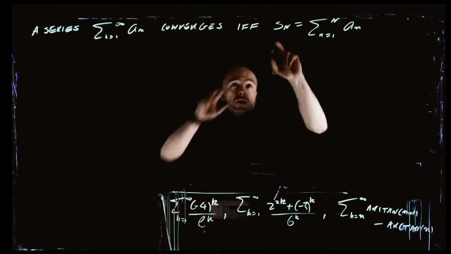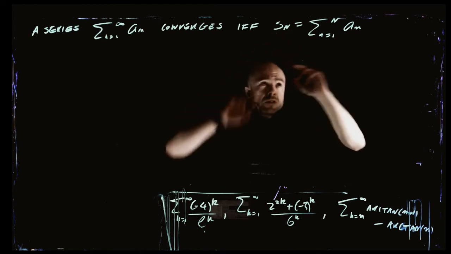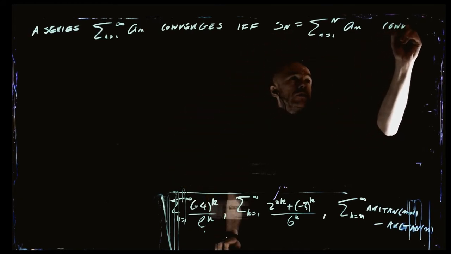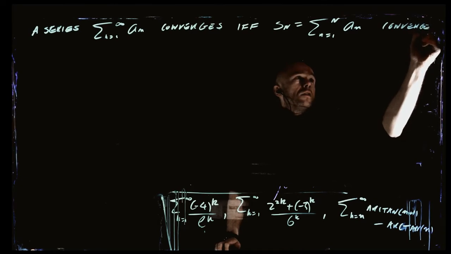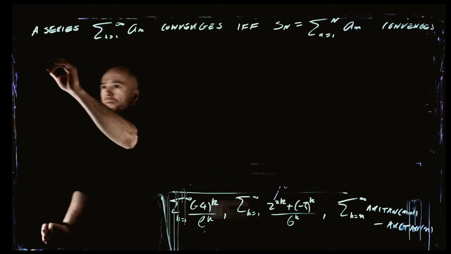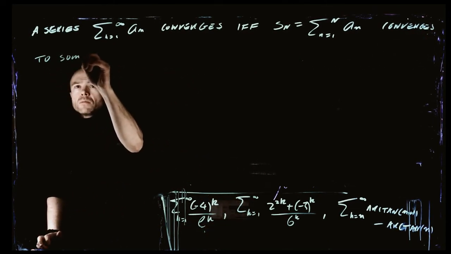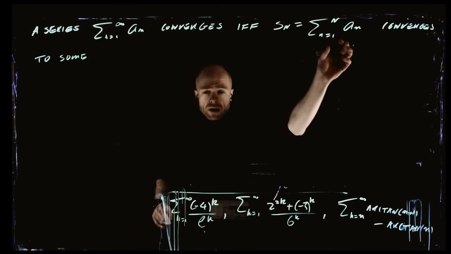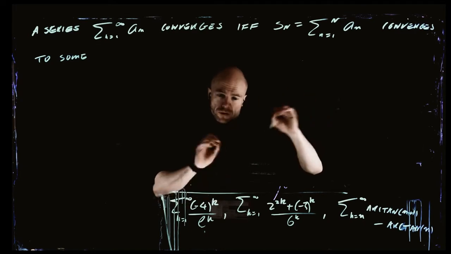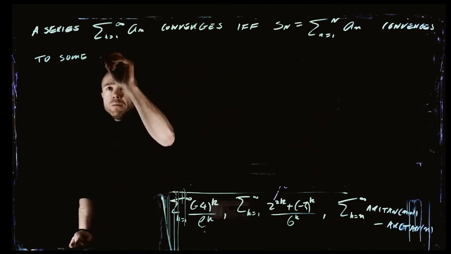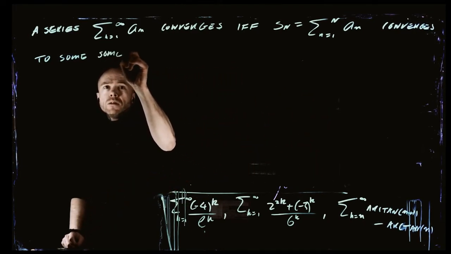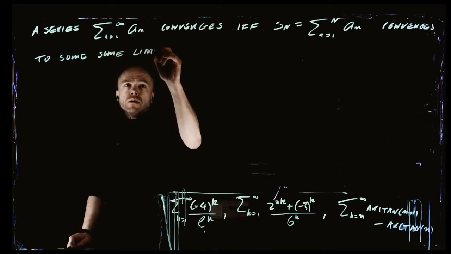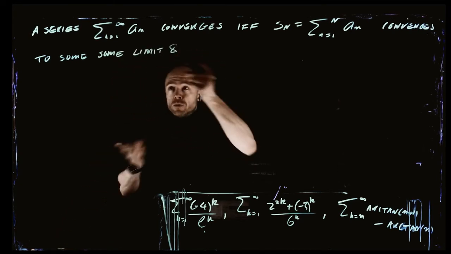Yeah? So if and only if this thing, the partial sum, which we define from summing the first N terms of this guy, converges to some limit. And that limit is what we call this thing.